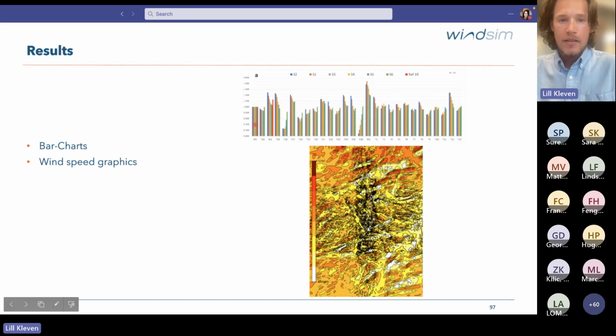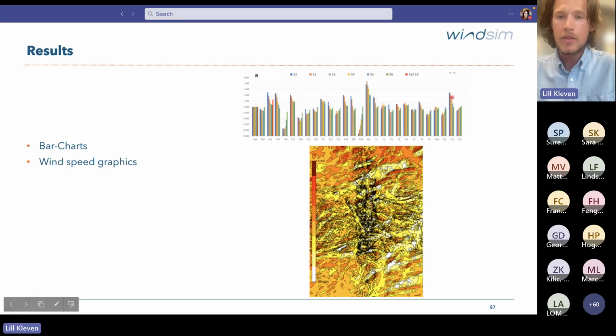So here we can see it's normalized on the position of MatMast 3, which was located here at the southwest point of the wind farm. And then it's the relative speed up for all the turbine positions in the whole area. We can see for some turbine positions, there are large variations between the different resolutions. Especially in the positions where the turbine is placed in a valley or behind a hill or on top of a hill.